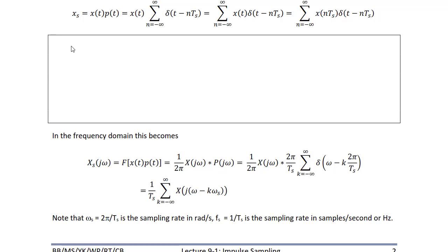So here once again, we have our signal, x(t), and it's an arbitrary wave. And then we're going to have our samples, xs(t). So here are the impulses.